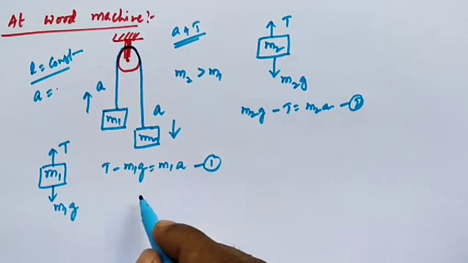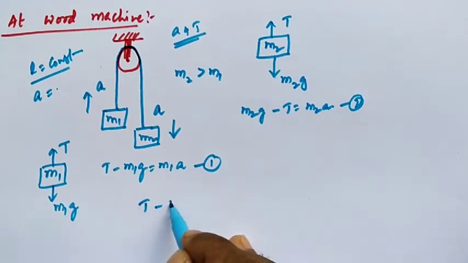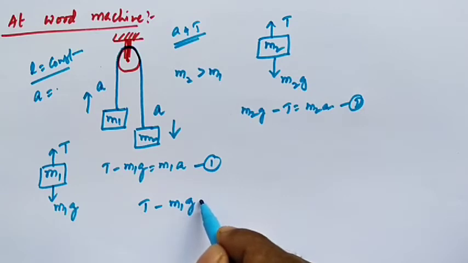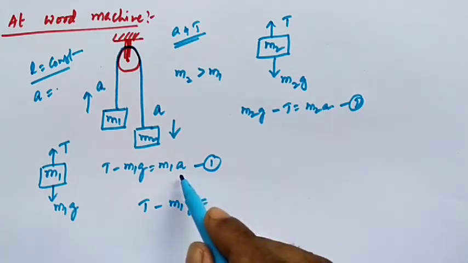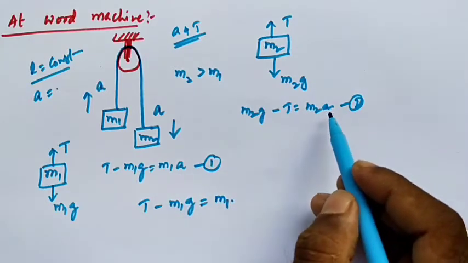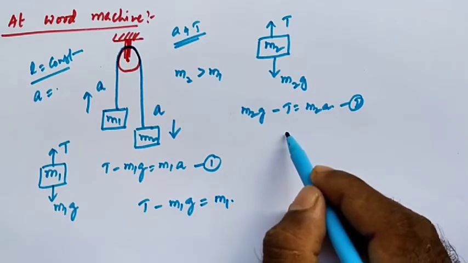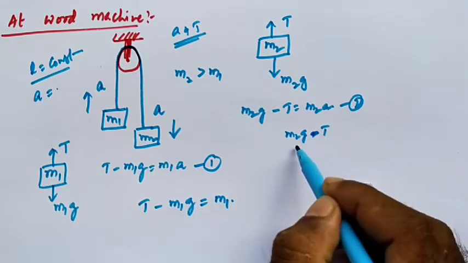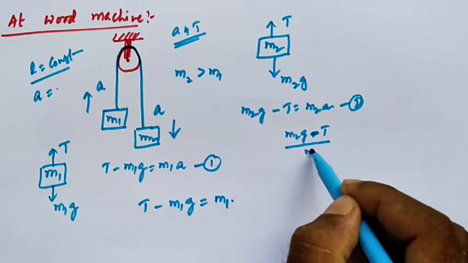From these two equations, I am writing T minus m1g is equal to m1a. Now in place of a, I can write (m2g minus T) by m2.